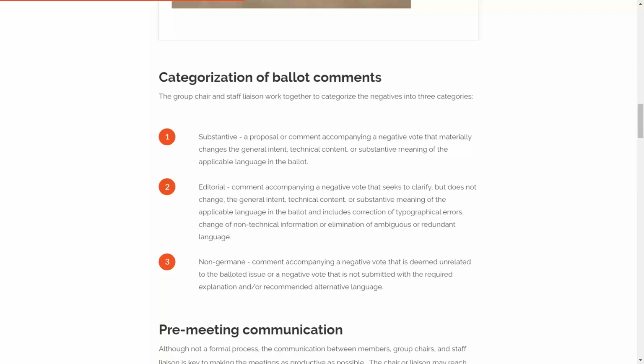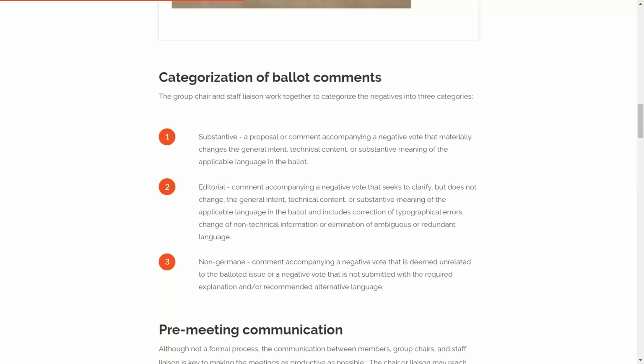A negative response categorized as substantive means the negative ballot comment provides significant change to the intent of the proposed ballot language. A negative response categorized as editorial means the negative ballot comment seeks clarification or may be offering new language that's not a significant change to the proposed ballot language.